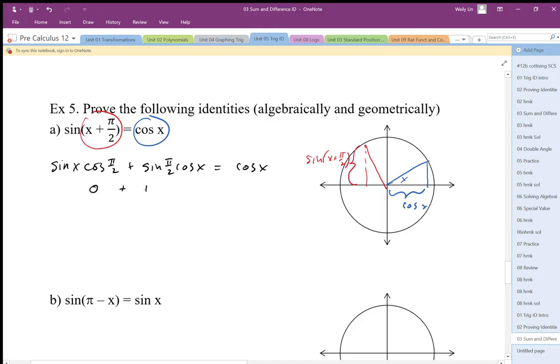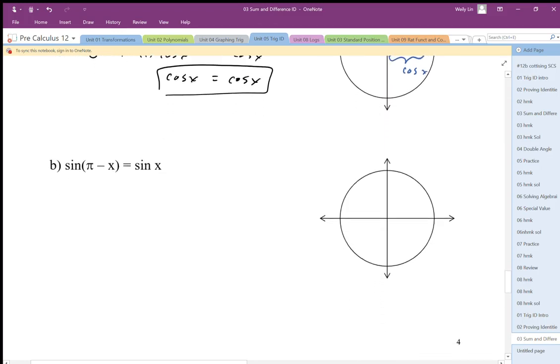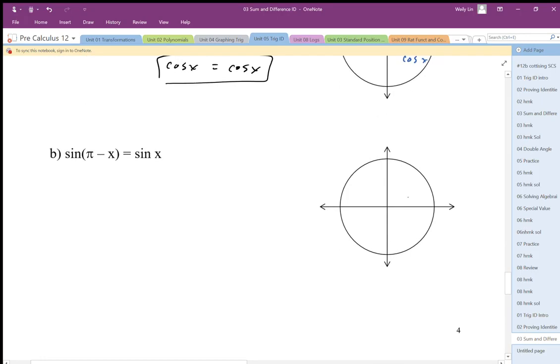Sine of 90 is 1, so we end up with cosine x equals cosine x. There's my identity proven. So this means that every time I rotate 90 degrees, the sine value becomes a cosine value. And this is the same thing. We've done ones like this before.